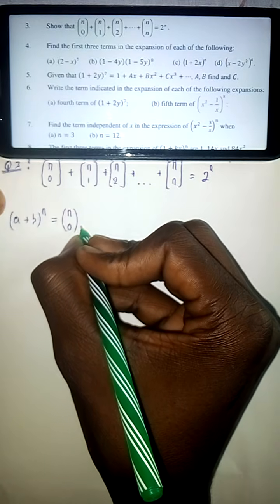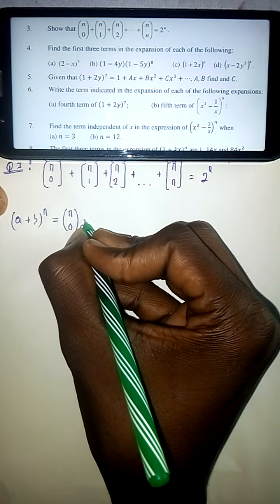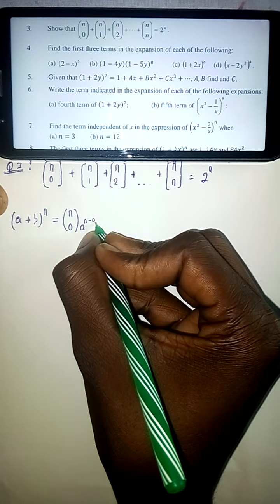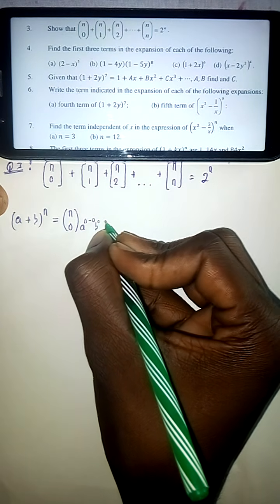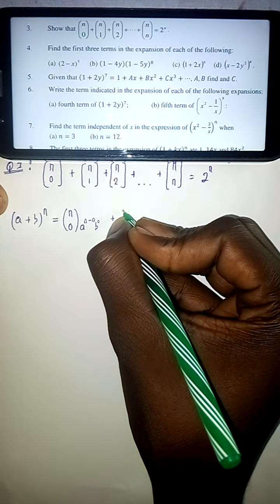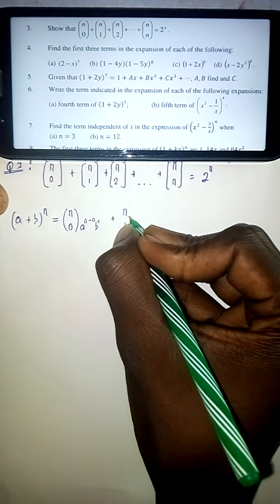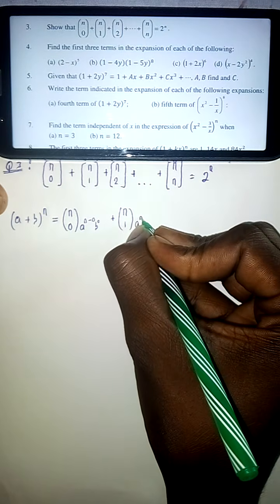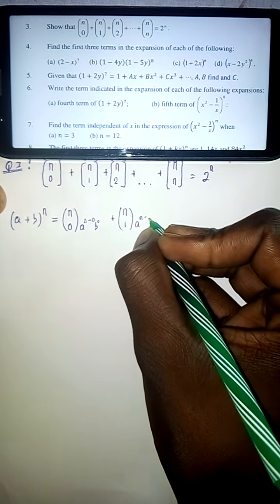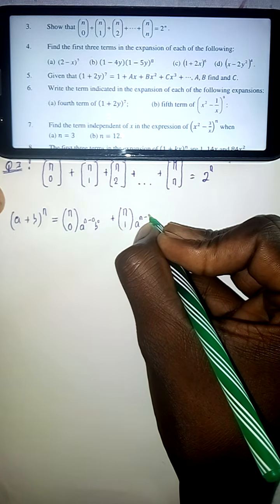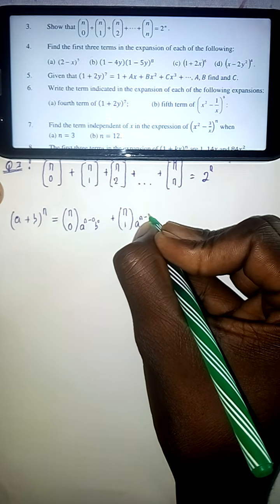So it will be a to the n minus 0, b to the power 0, plus this one, a to the n minus 1.